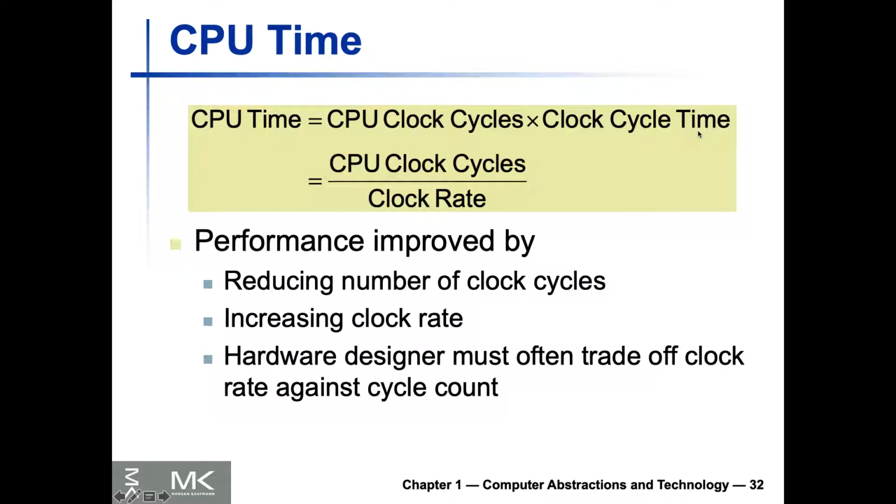Or you can define it as CPU clock cycles divided by the rate of the clock, right? So the higher the rate, the smaller the CPU time. If you change your CPU from, I don't know, 1.5 to 2, you're expecting to have some performance increase. By how much? We're going to have an example shortly.